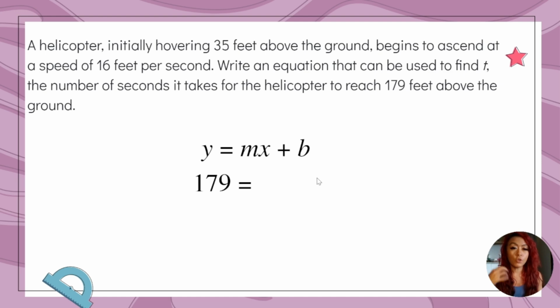So if you look at your quantities and relationships table, 179 was the total height, so that's going to be our y value. M, our slope, was 16, so we have 16x. And then b, our y-intercept, was 35, so plus 35.